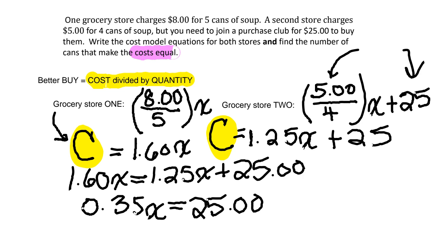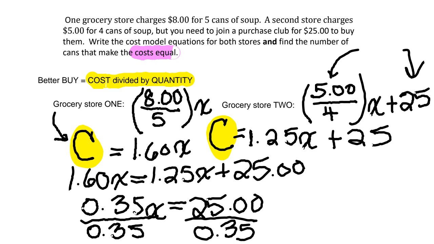When I divide by 0.35, now notice what I'm going to get. The exact amount is going to be 71.43 cans of soup.